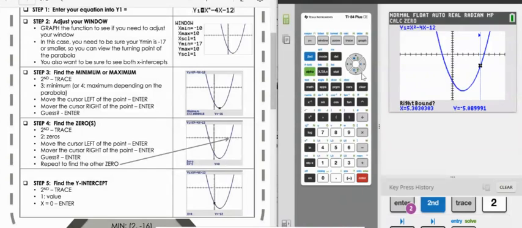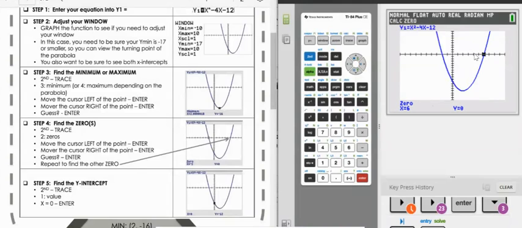Now it says right bound. So let's go past that point and make sure that we're on the right, and then hit enter. Now it says guess. We'll hit enter one more time. It jumps to the point of intersection, and the label is down here at the bottom of the screen. This x-intercept is located at 6, 0.